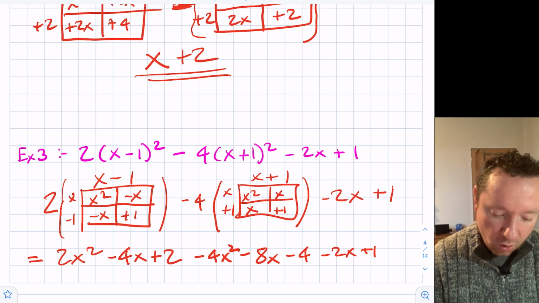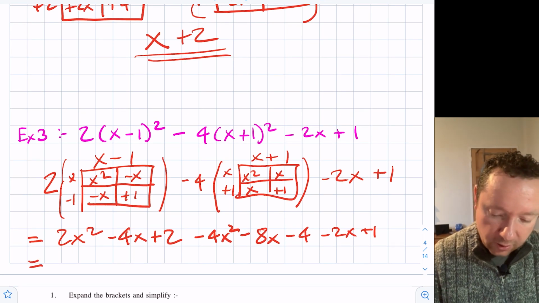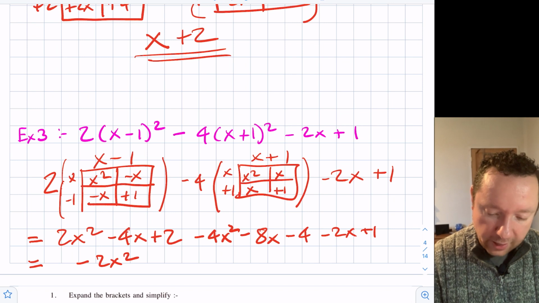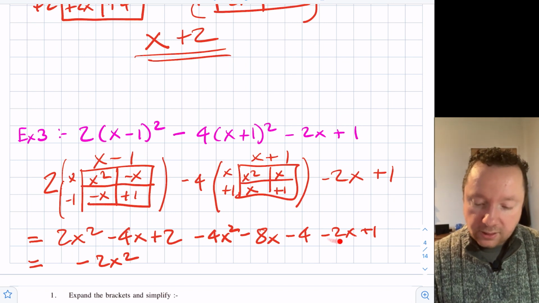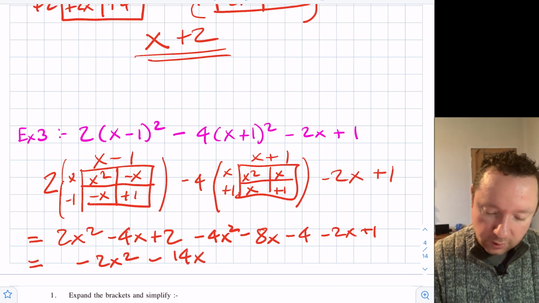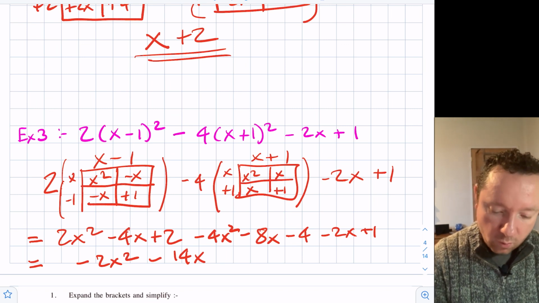So collecting all our terms together, 2x squared minus 4x squared is minus 2x squared. Minus 4x minus 8x is minus 12x, minus another 2x is minus 14x. And then our numbers, 2, take away 4 is minus 2, plus 1 is minus 1.